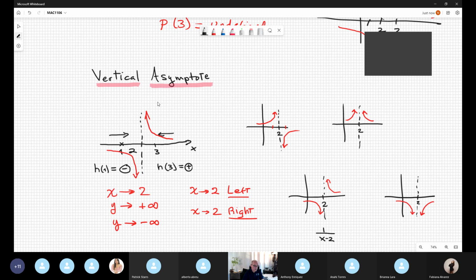And what's the goal? The goal is to do the graph approximately, a rough sketch. So I take the expression at the bottom always, and force it to be 0, and x equals 3. And we have here a famous vertical asymptote.